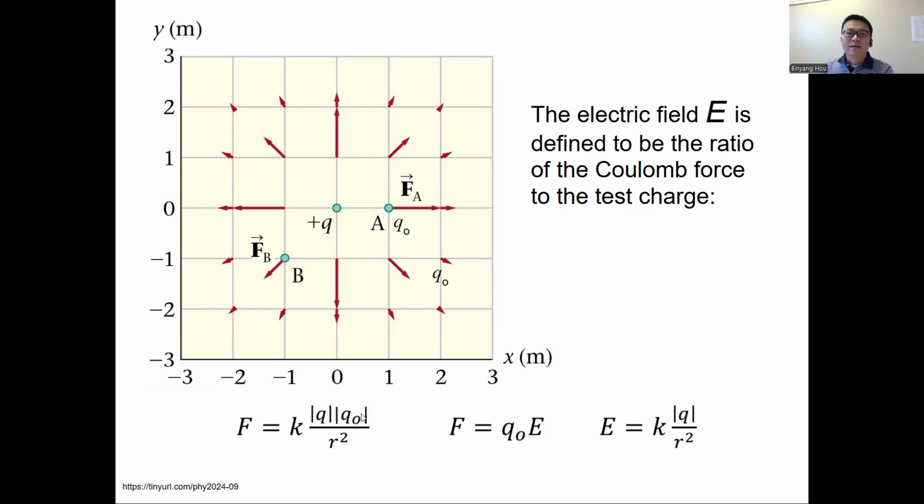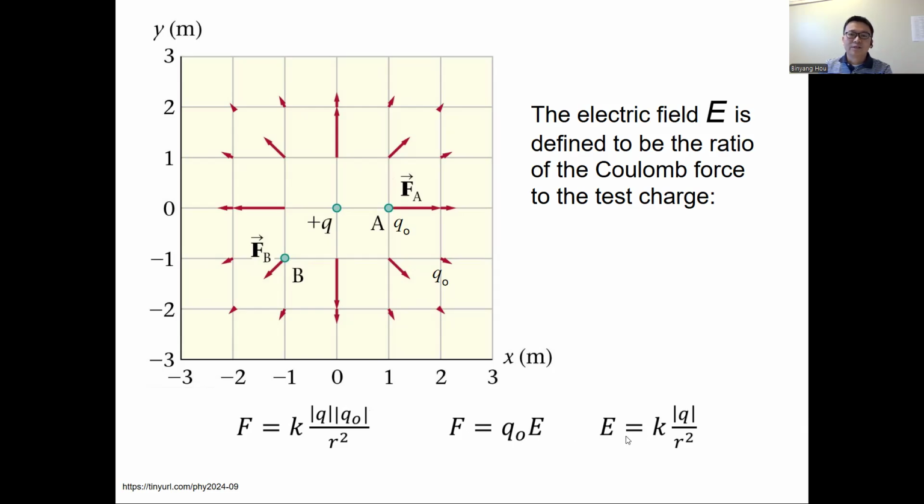This small charge is then called the test charge q. The force on this test charge q will be equal to q times a constant here, E, which is similar to g, the gravitational acceleration. In this case, it would be E, the electric field.